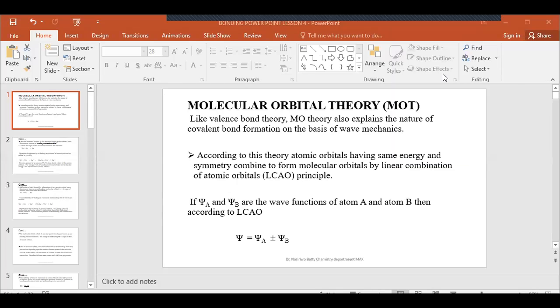In lesson 3, we looked at the valence shell electron pair repulsion theory, where we said that lone pairs and shared pairs arrange themselves around the central atom in space as far apart as possible in order to minimize the electrostatic force of repulsion. And we concluded that a system with less repulsive force is always the stable system.